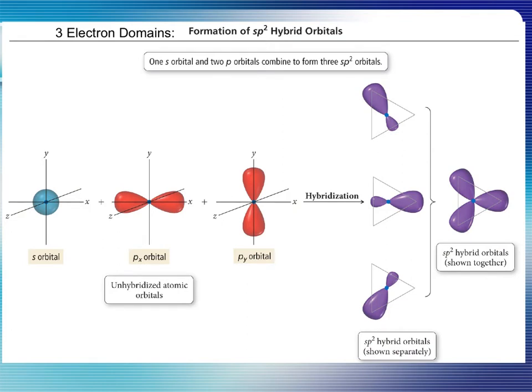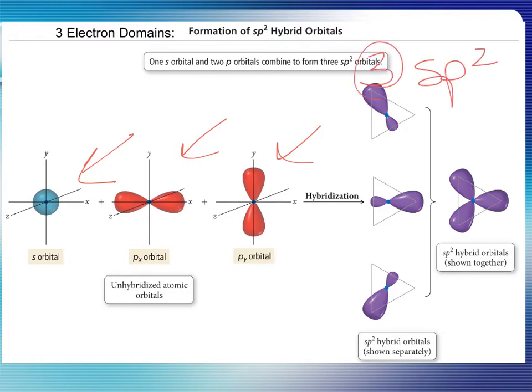I will not ask you to draw images of hybrid orbitals, but sometimes a picture helps you grasp something. So this is showing formation of sp3 hybrids. If you combine an s atomic orbital, which is spherical, and you combine 2p orbitals, which we know are dumbbell shaped, you're going to come up with sp2 hybrids, 3 of them.